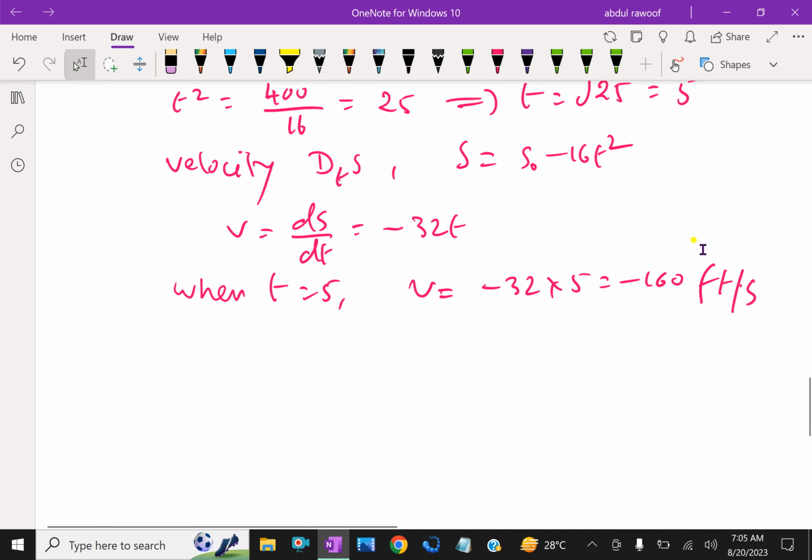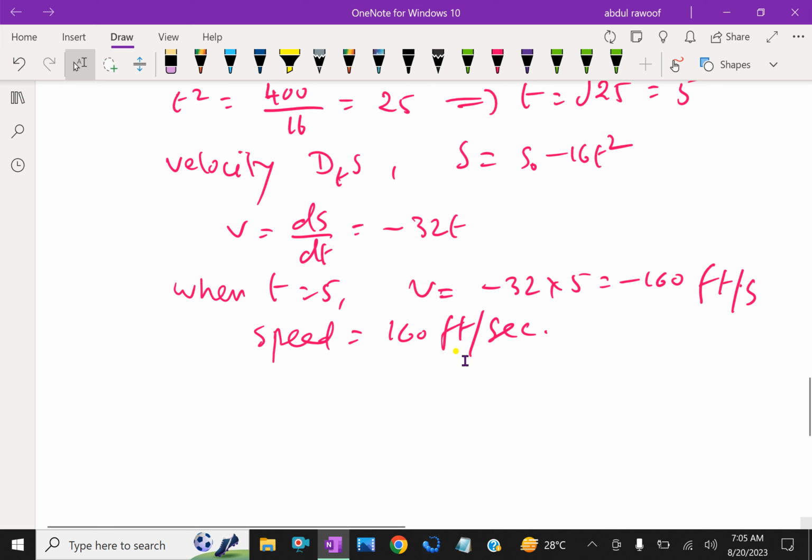Thus the speed is 160 feet per second, not considering the minus sign, because it's speed.